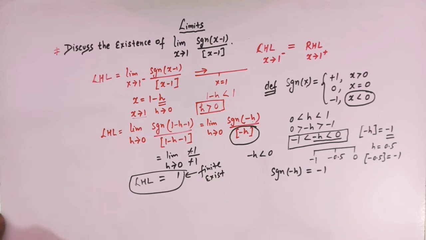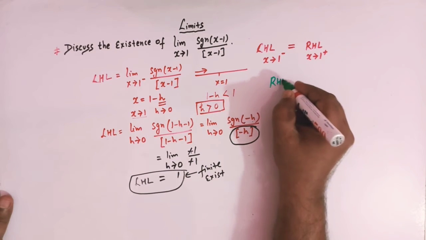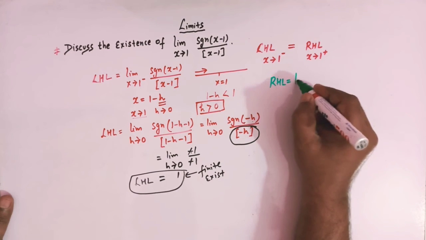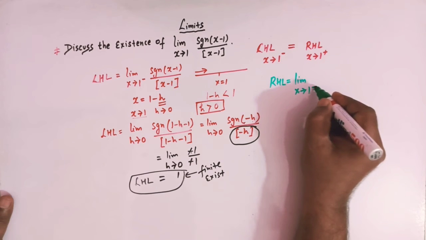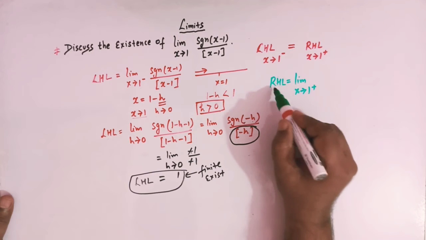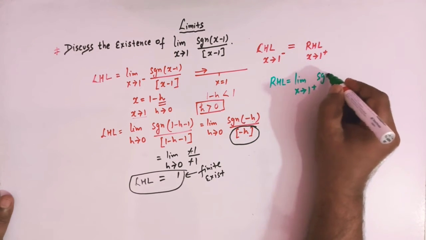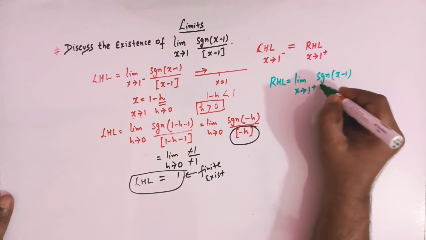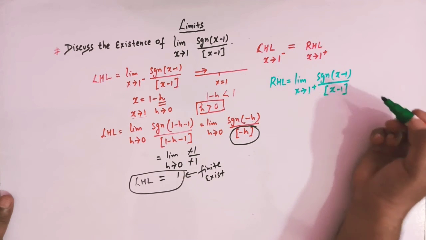Now let us see the right hand limit, whether it exists or not. So the symbol for right hand limit is RHL, which can be written as limit x tends to 1 plus. The positive sign shows that we are to calculate the right hand limit. So here we have signum of x minus 1, and in the denominator we have greatest integer of x minus 1.